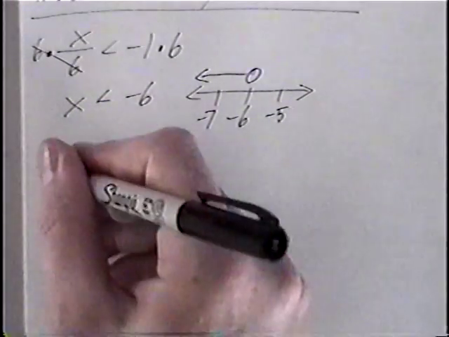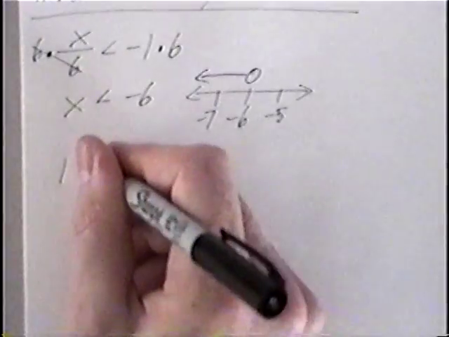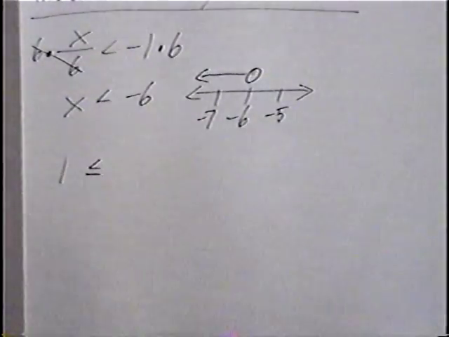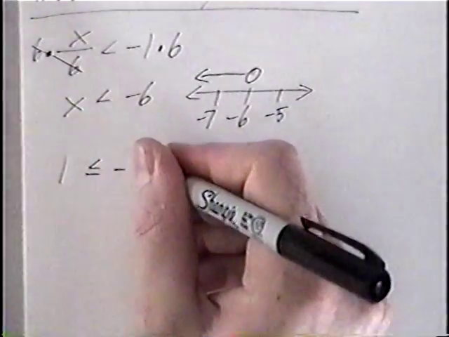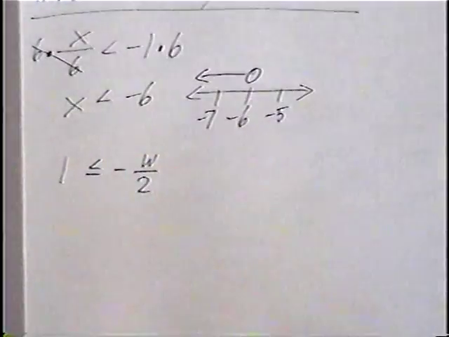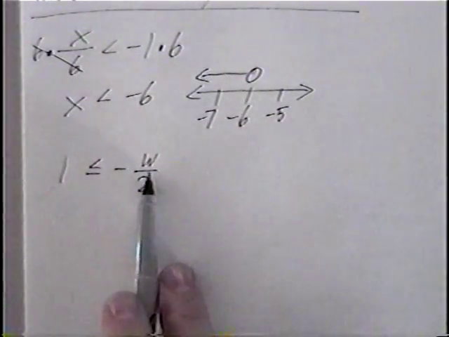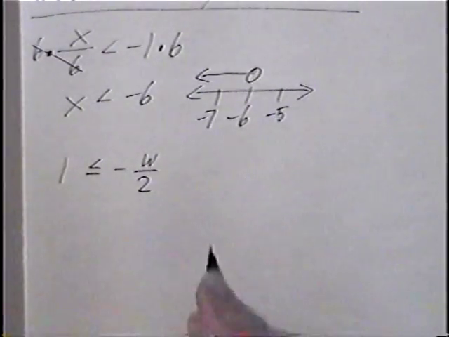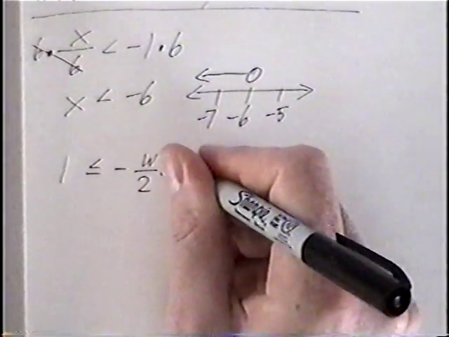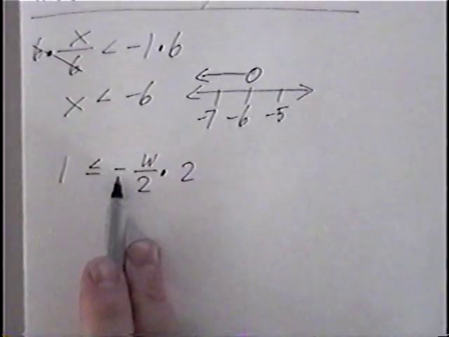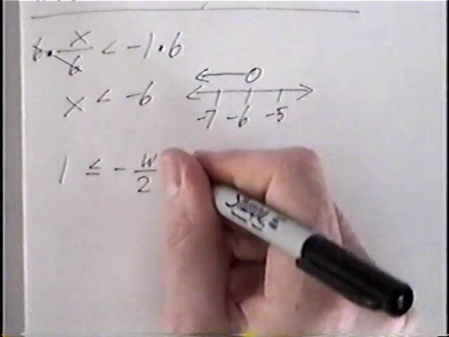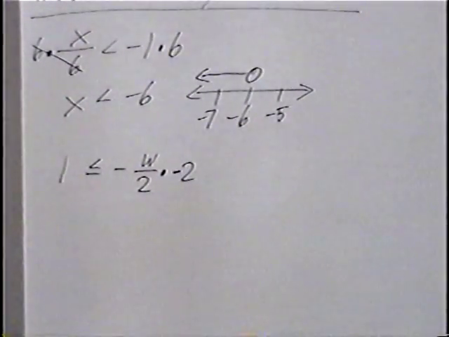Second question. 1 is less than or equal to negative w divided by 2. Again, to get rid of a fraction, if we're dividing by 2, we can multiply by 2. We also want to get rid of the negative, so we can multiply by -2.